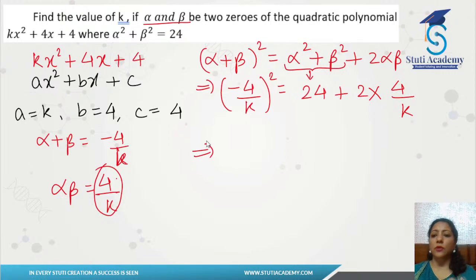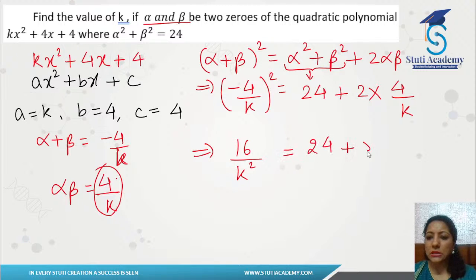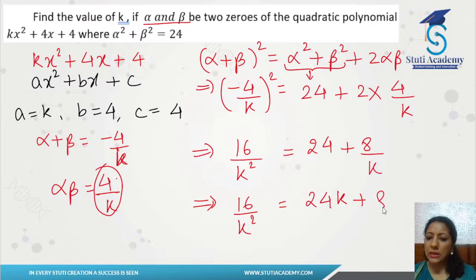In the next step, we are going to simplify this. We will get 16 upon k square equal to 24 plus 8 upon k. 2 into 4 I've written as 8. Now we are going to take the LCM here. We'll get 16 upon k square is equal to 24k plus 8 upon k.